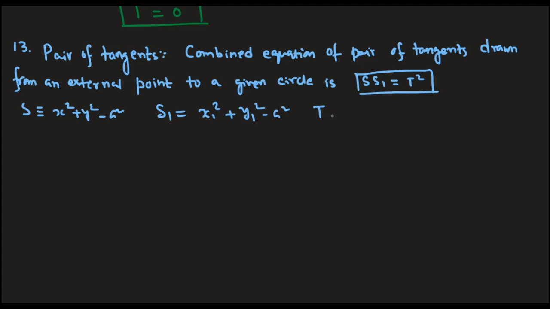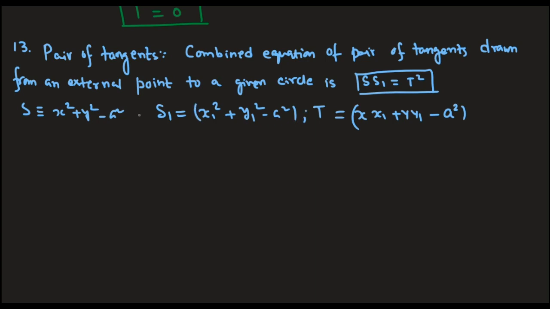T is nothing but the equation of the tangent at the point x1 y1, so T is equal to x x1 plus y y1 minus a square. This will be the equation of the tangents.